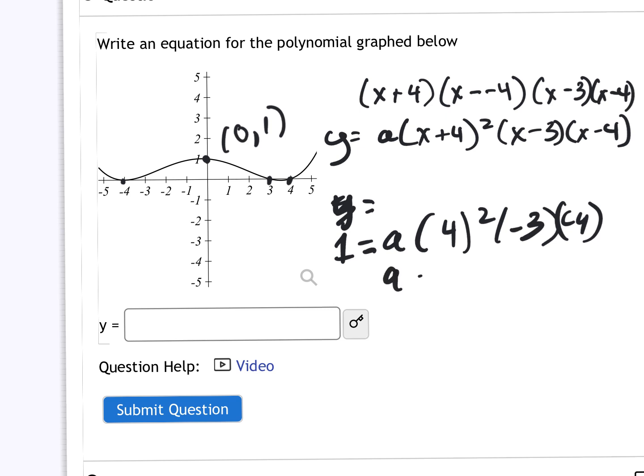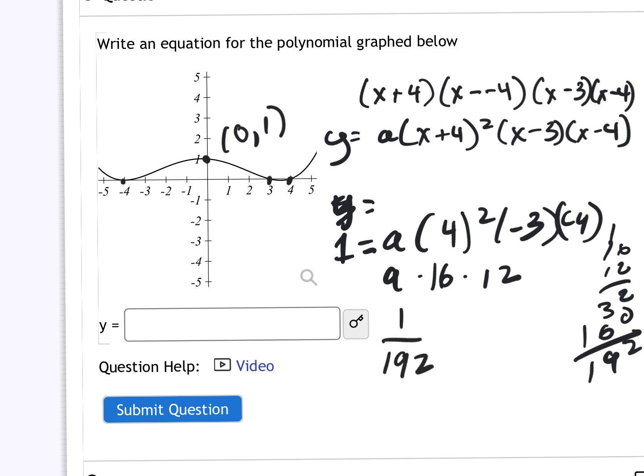So this is a 16 times 12, which is 192. So a is 1 over 192.